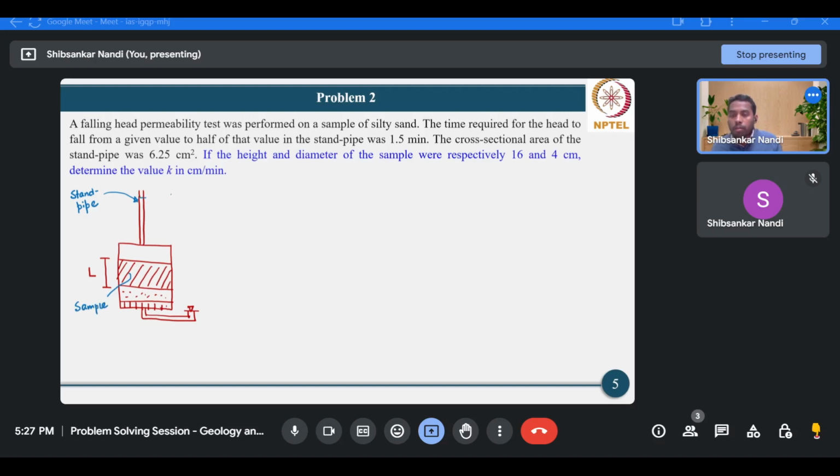Now at the beginning of the test, suppose this is the level of water, or this is the head available, and at the end, suppose this is the head that remains available, and between this H1 and H2, at an intermediate time, suppose this is the head.